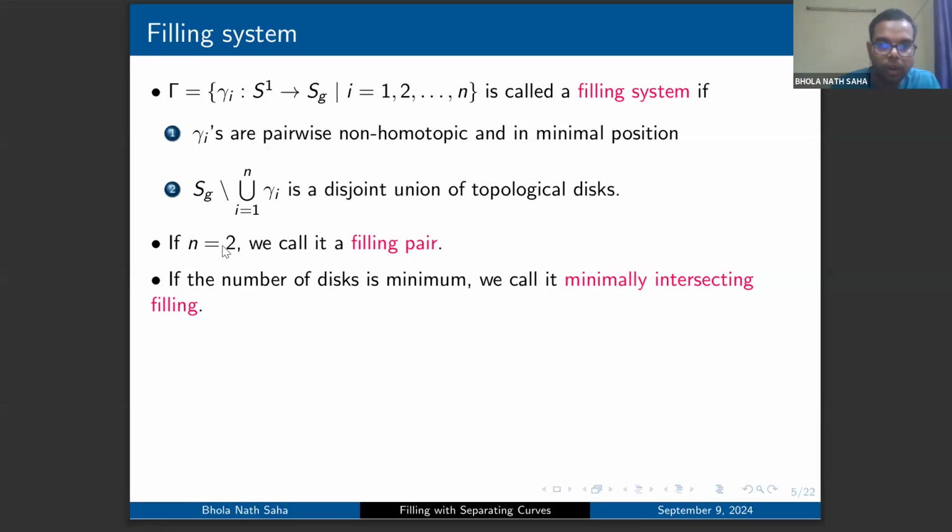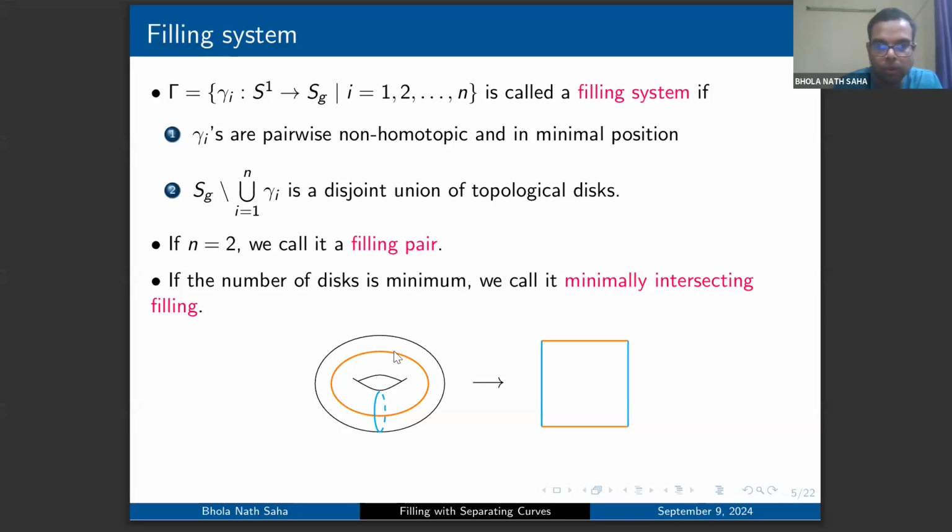If the number of curves is 2, then we call it a filling pair. And if the number of disks is minimal, then we call it a minimally intersecting filling. Here in the torus, if we cut the torus along the meridian and longitude, we get a square, which is a topological disk, and hence they form a filling pair.